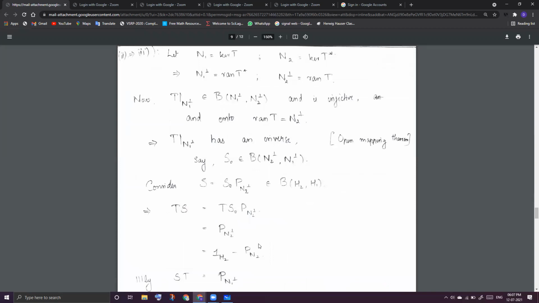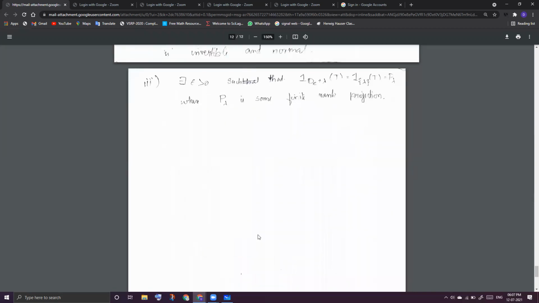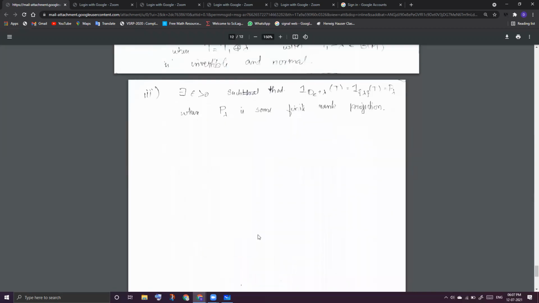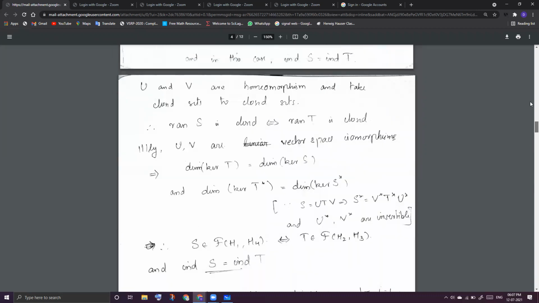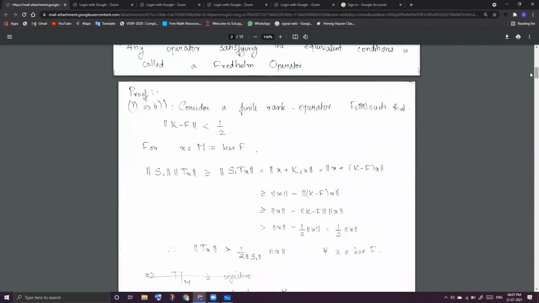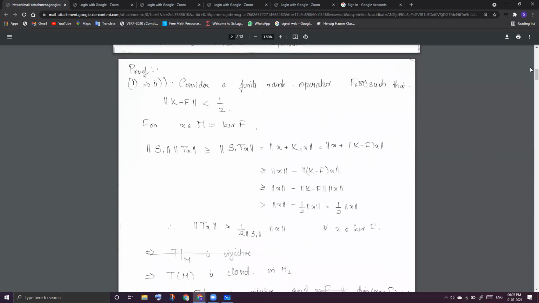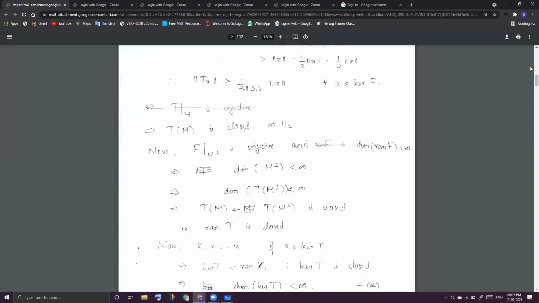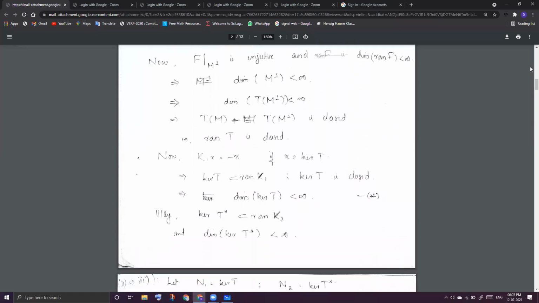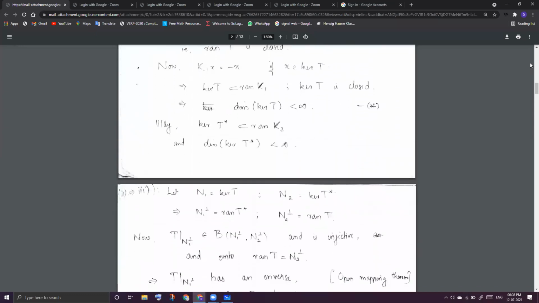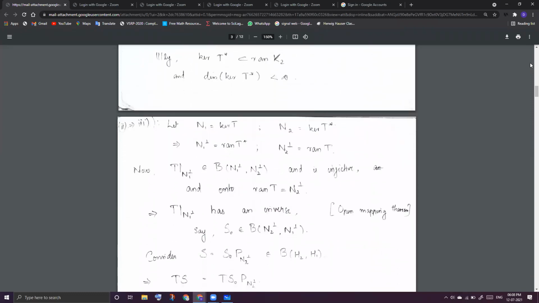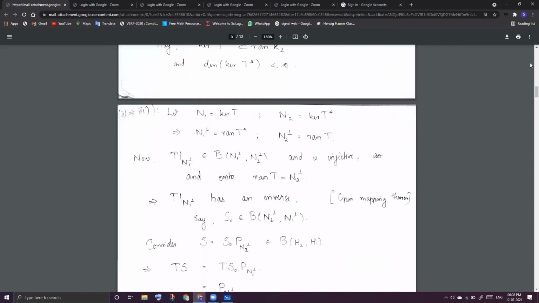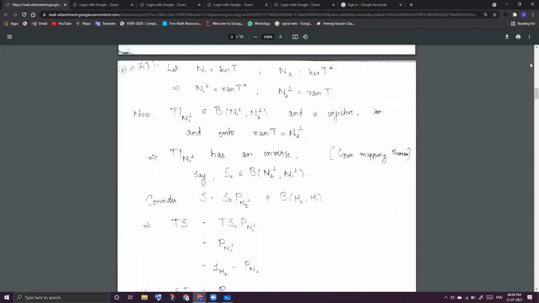So the range is closed, and the kernels of T and T star are finite dimensional, which is the second condition.